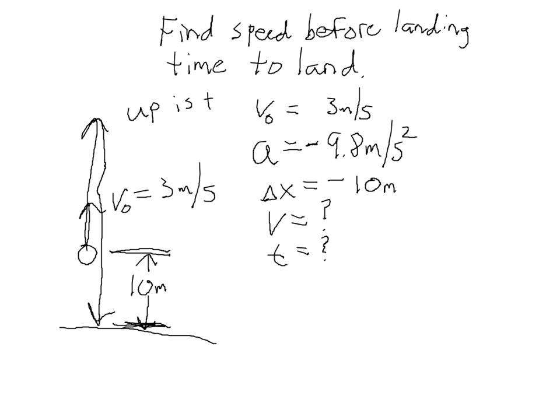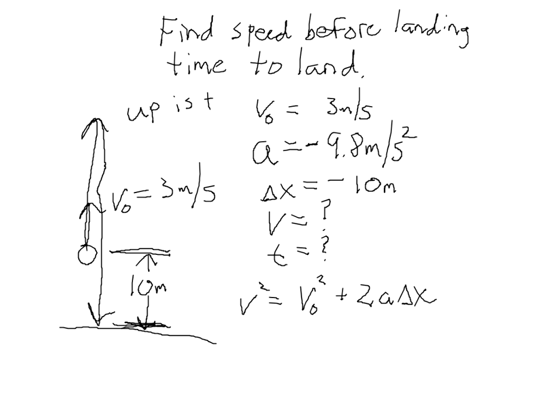So we need to pick a kinematic equation to solve for v. The third kinematic equation, v squared equals v0 squared plus 2a delta x, will work to solve for v.